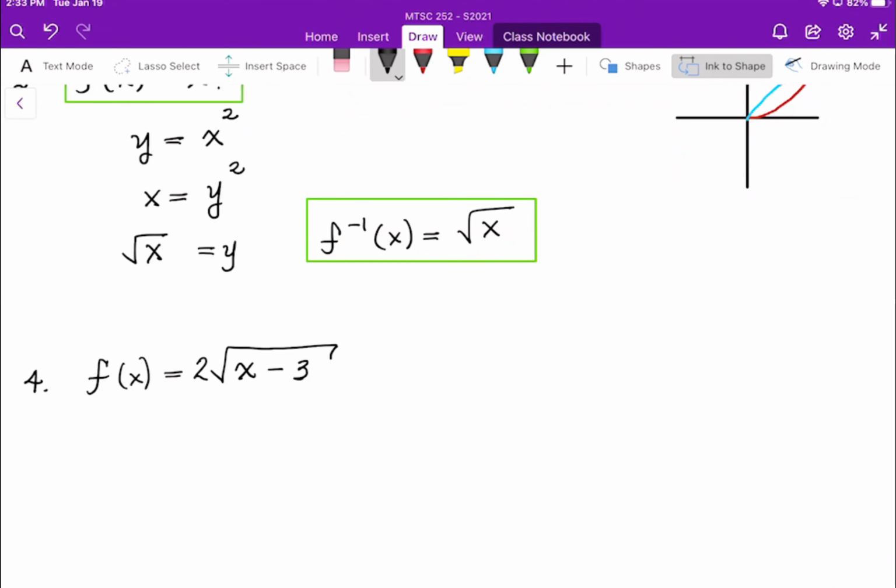Okay, so this function is a square root function. All right. Can anybody tell me the domain of this function?